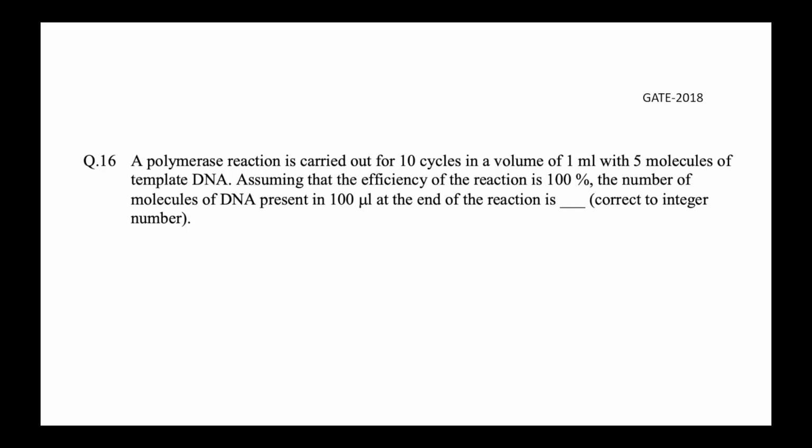Okay, so now if we look at the question, it states that the polymerase reaction is carried out for 10 cycles, so here n is 10 cycles, in a total volume of 1 ml, or we can also write 1000 microliter, with 5 molecules of template DNA.